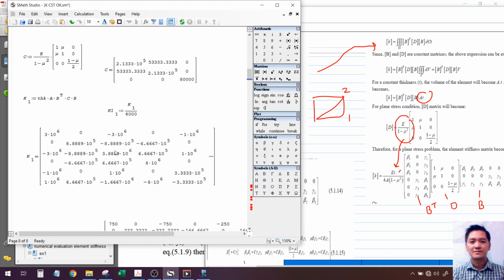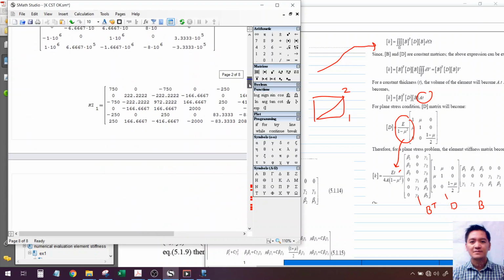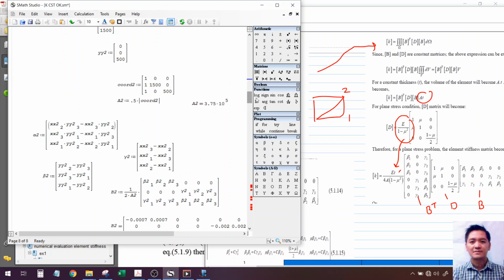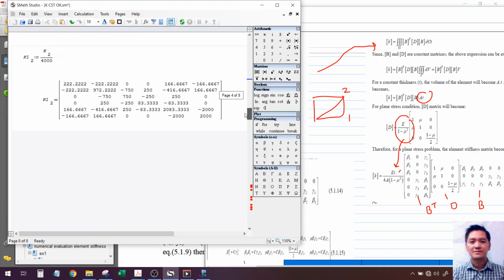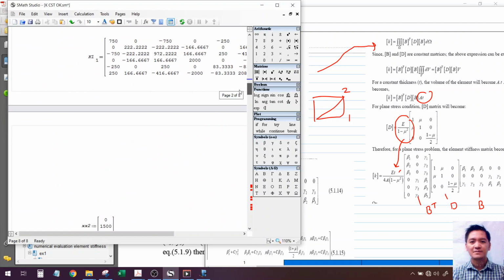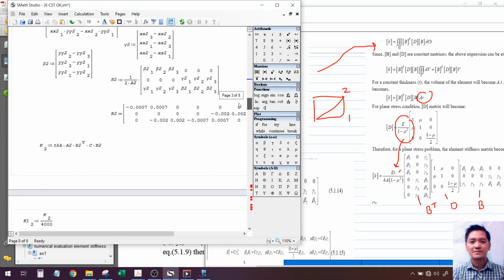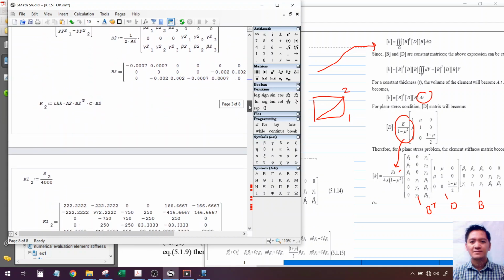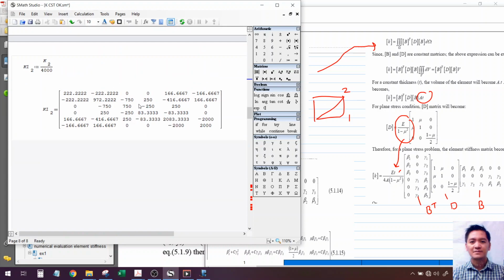And then, we repeat the same process for element 2. Okay, so ito yun. I-repeat lang natin, except that yung coordinates lang yung nagbago. No? So, we have now K2. And this is our K2.